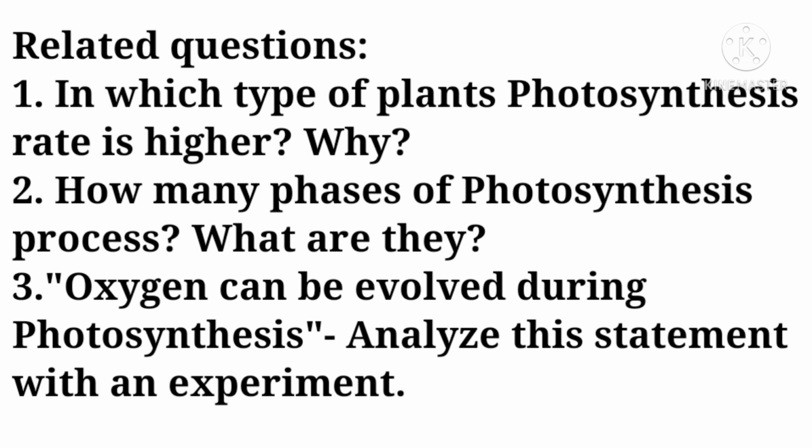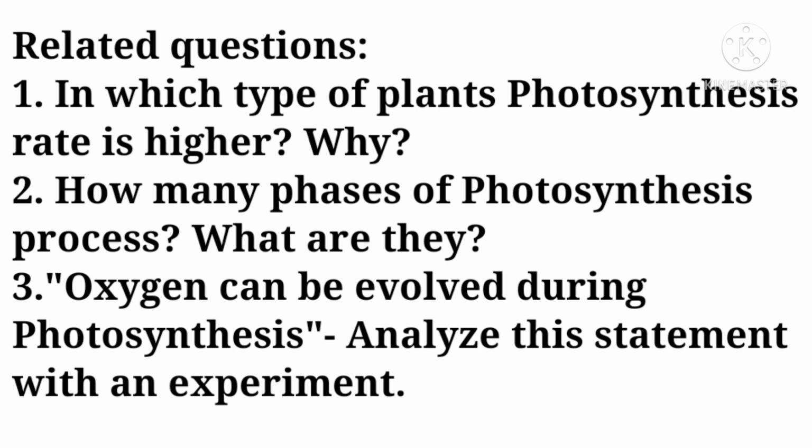First question: in which type of plants is the photosynthesis rate higher? We know that terrestrial plants grow on land. That's why they get more sunlight than aquatic plants. So in terrestrial plants, the photosynthesis rate is higher due to the presence of more sunlight.